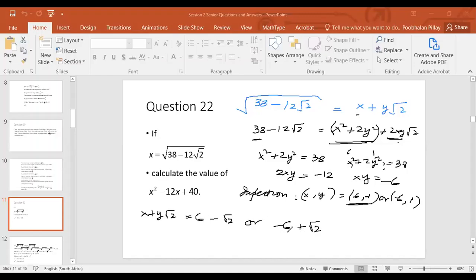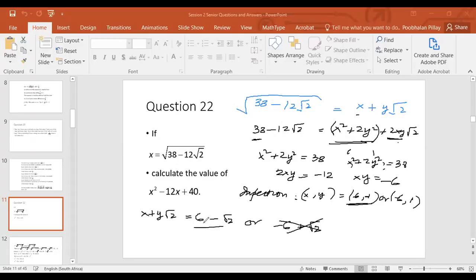But you can see that this is negative, because negative 6 and this is root 2, which is 1 point something. And we got a square root here, so there's no negative sign here. So when you're taking the square root like this, you're always taking the positive square root. So this number here is a positive number. So it can't be this, because this number is a negative number.